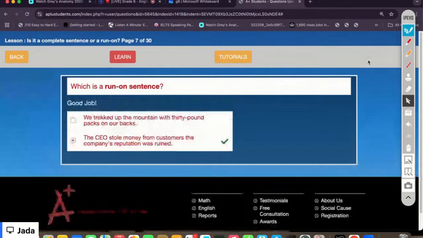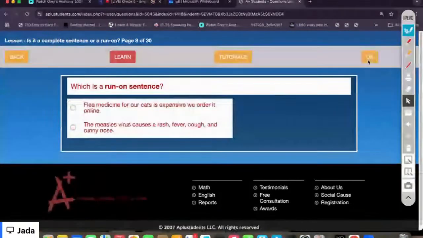All right, so which is a run-on? Flea medicine for our cat is expensive. We order it online. The measles virus causes a rash, fever, cough, and runny nose.